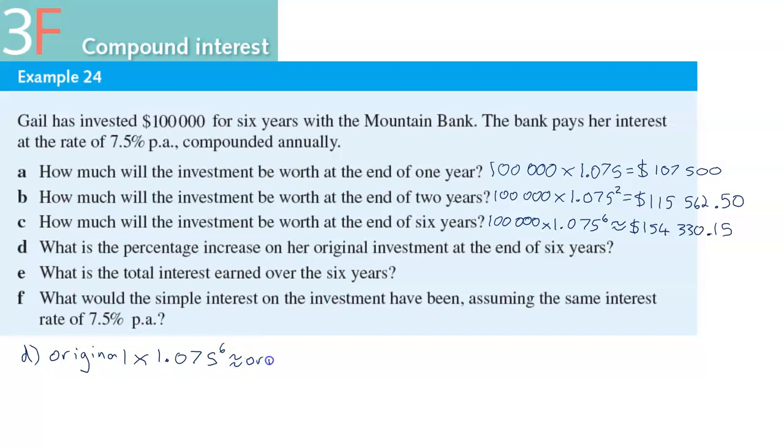That's approximately equal to the original amount multiplied by 1.5433. I've rounded that to 4 decimal places because then I can see, so my original amount was 100%, so I've got a 54.33% increase.